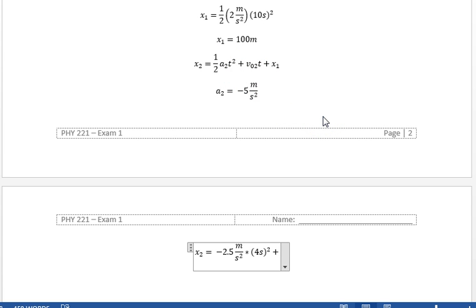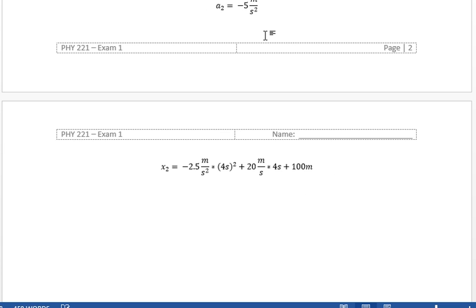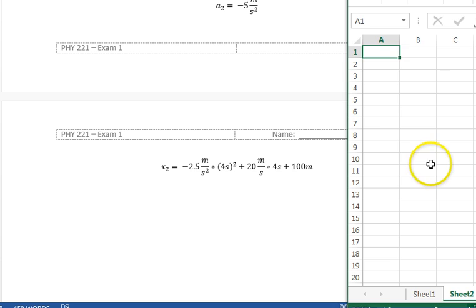Plus, what's the initial velocity? The initial velocity is 20 meters per second times 4 seconds. Plus, what's our initial position? 100 meters. So x₂ equals minus 2.5 times 4 squared plus 20 times 4 plus 100.